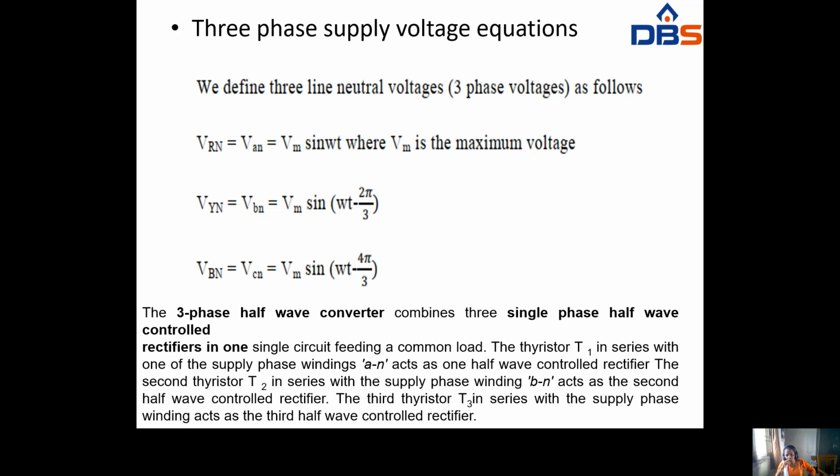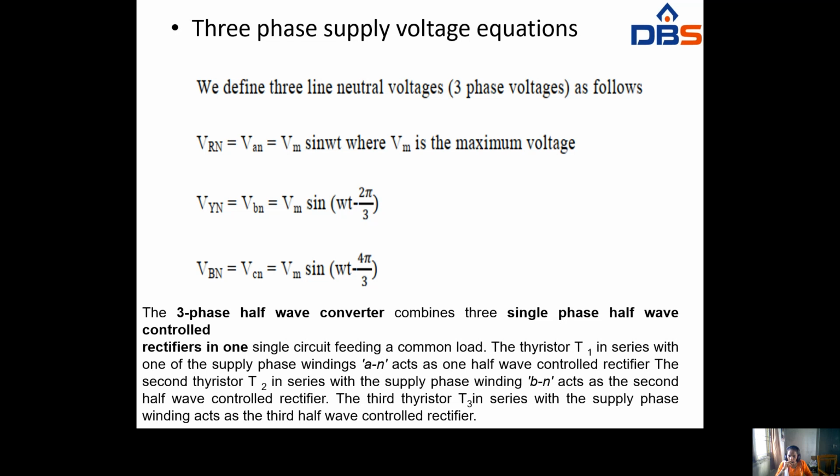Here the three phase half wave converter combines three single phase half wave controlled rectifiers in one single circuit feeding a common load. So thyristor T1 in series with the supply phase winding AN acts as one half wave controlled rectifier.